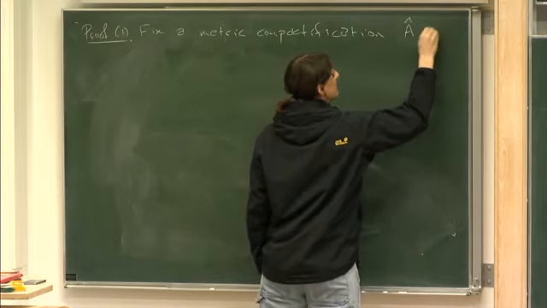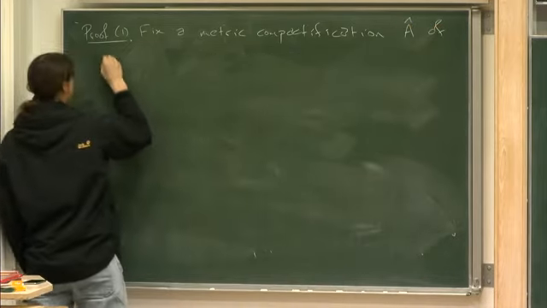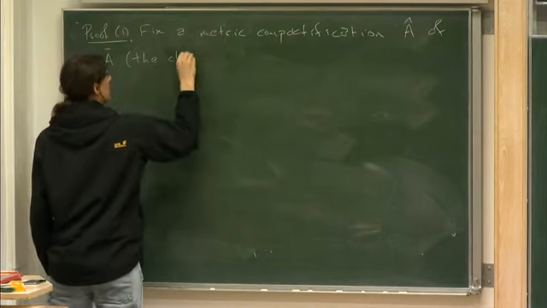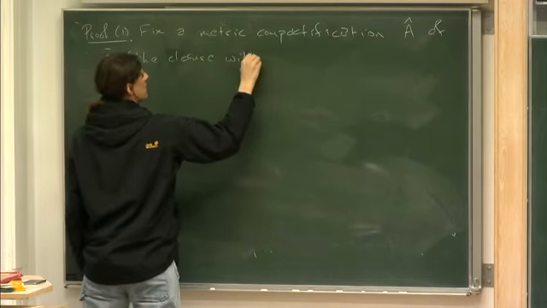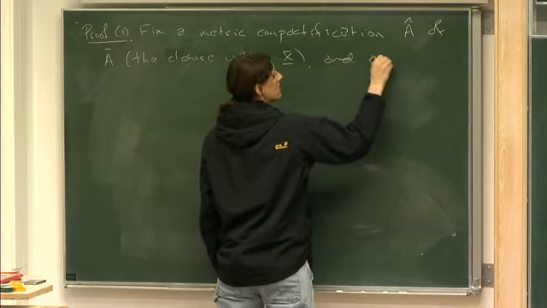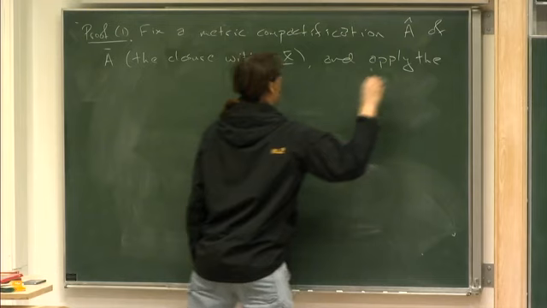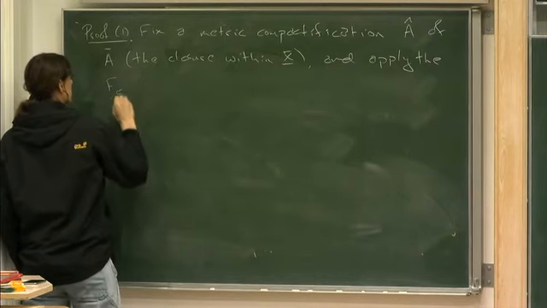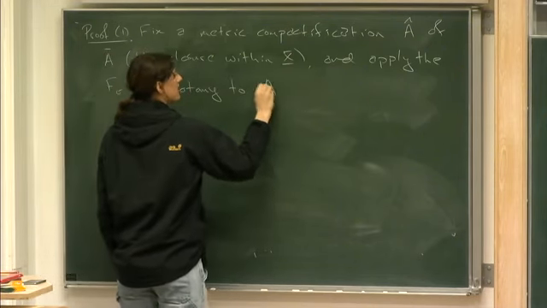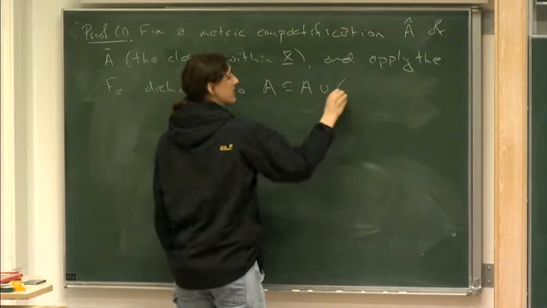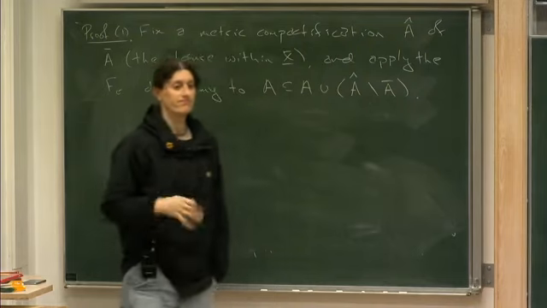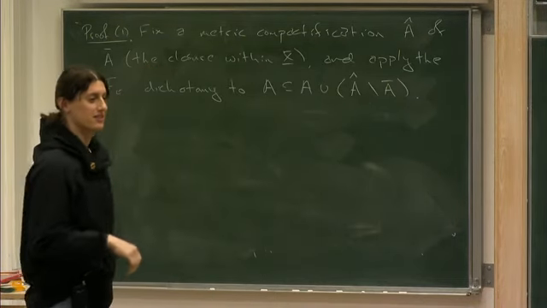A hat, the closure of A within X, and now apply the F sigma dichotomy to A, sitting within the union of A and the compactification minus A bar. And it just falls out. So that's one proof.